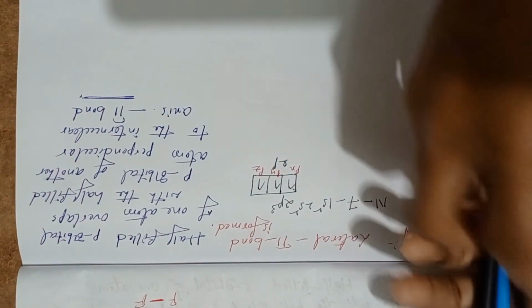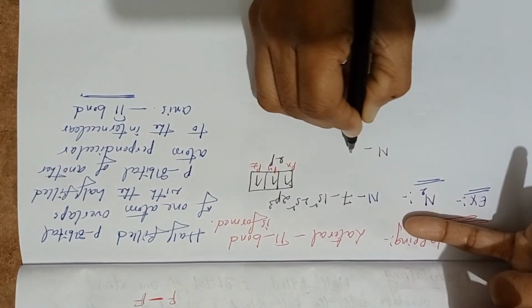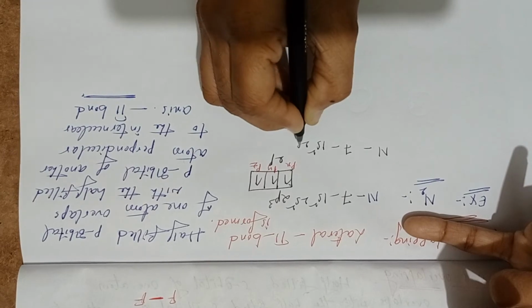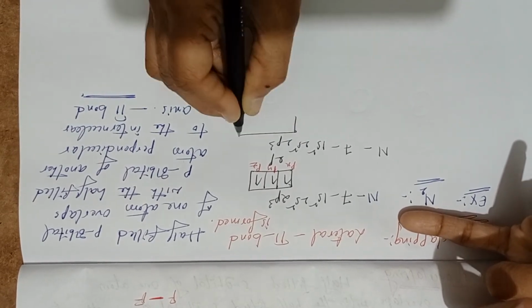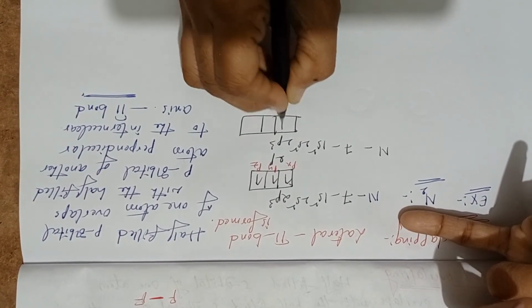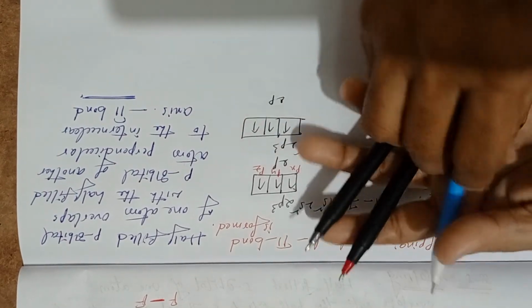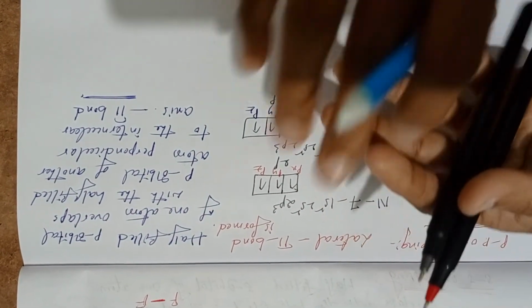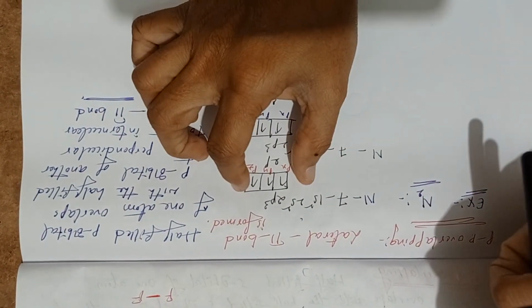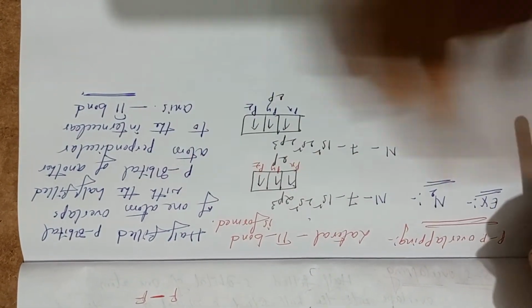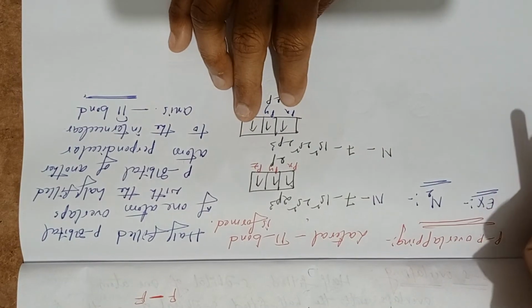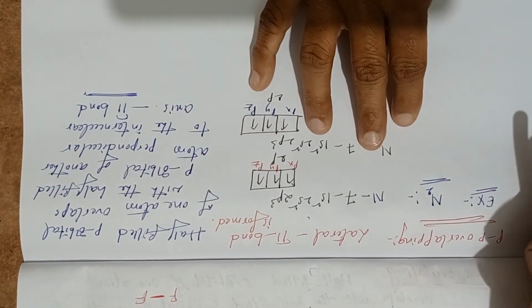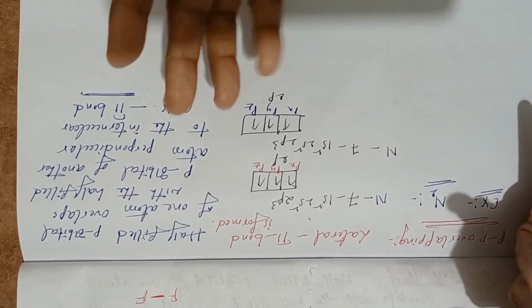This is one more nitrogen atom, atomic number 7, 1s2, 2s2, 2p3. Here also the same thing, 2p3: px, py, pz. Now these 3 half filled orbitals undergo overlapping with the 3 orbitals of another nitrogen atom, producing sigma and pi bonds, students.